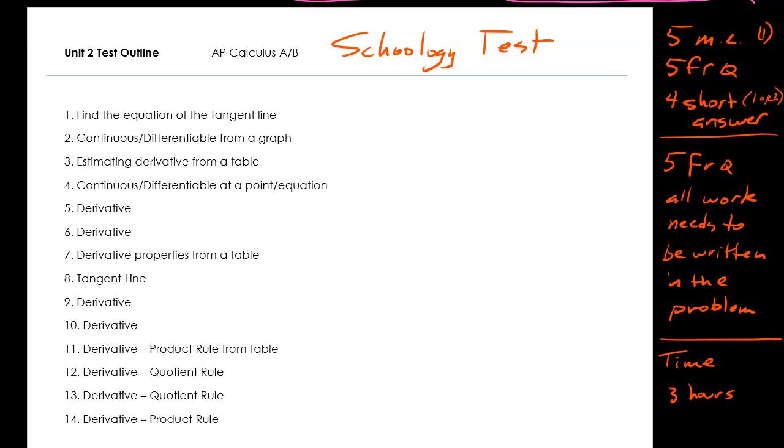Okay, 5 and 6. My guess is those are pretty self-explanatory. You're finding the derivative. So that could be the derivative of a polynomial, of negative powers, or of a root.